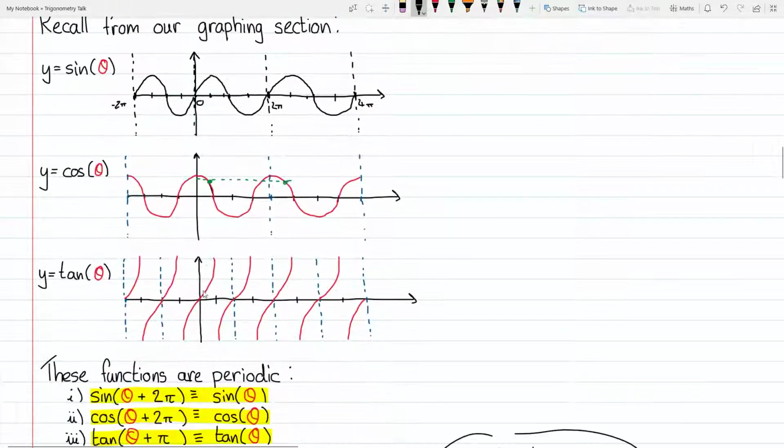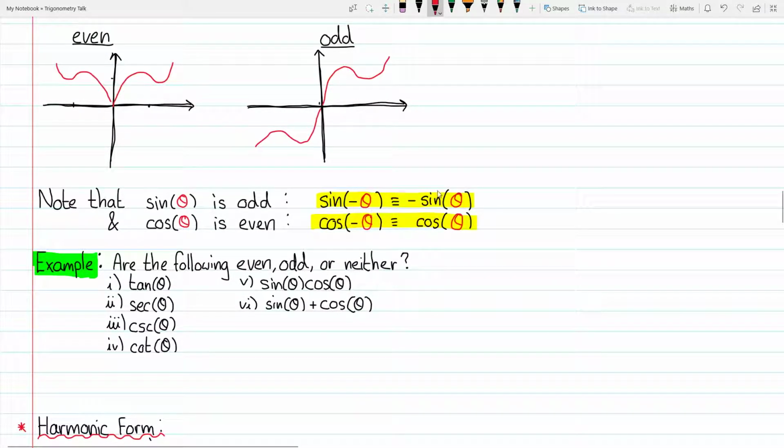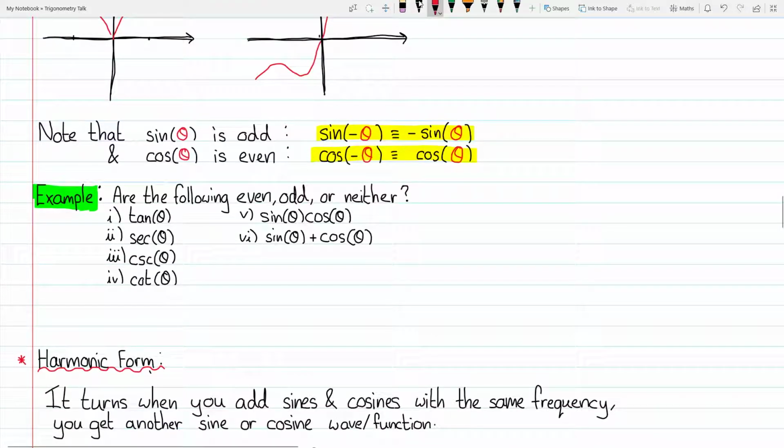And we can see this because cosine reflects over the y-axis, whereas sine reflects once to give us this, and then it reflects again. So this means sine is an odd function. Okay, and so here I'm just spamming identities at this point, but we can use this, or our knowledge of sine and cosine, to look at the symmetries of these functions.